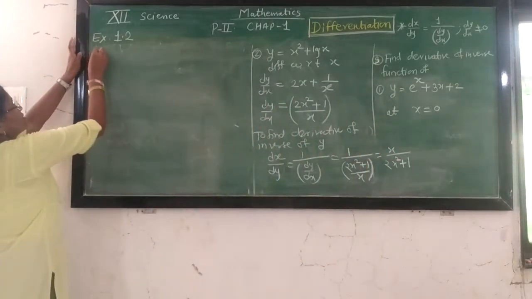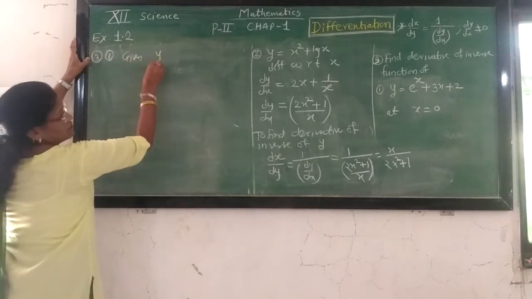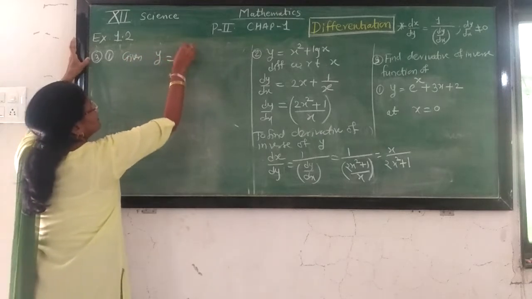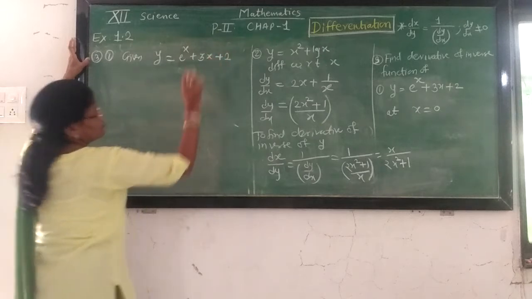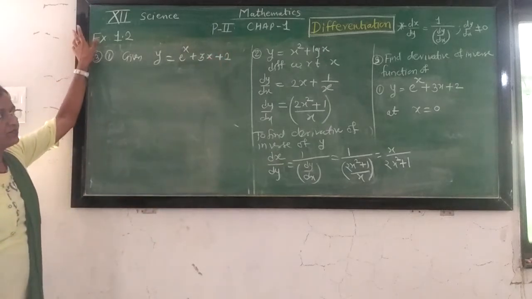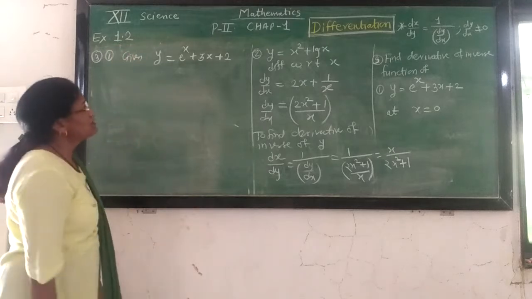So for this third example, given y is equal to e raised to x plus 3x plus 2, find the derivative of its inverse function at the value x is equal to 0.